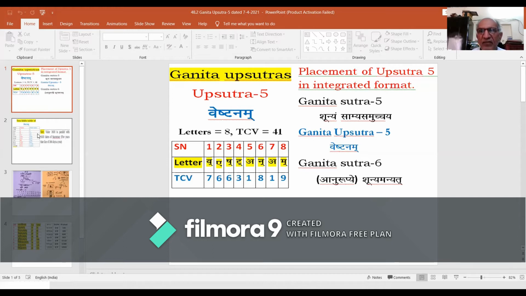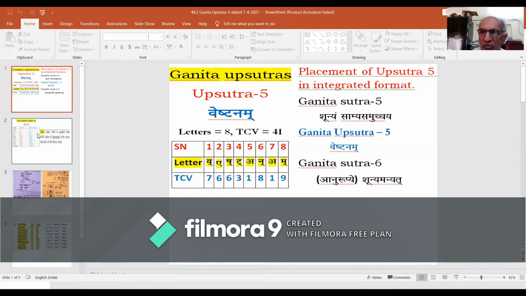To have full insight and proper enlightenment about this placement of Upsutra 5 in between Ganita Sutra 5 and Ganita Sutra 6, let us have a visit to the mathematical domain of Ganita Sutra 5, Shunyam Same Samuche, and Ganita Sutra 6, Anurupe Shunyam Anyat.